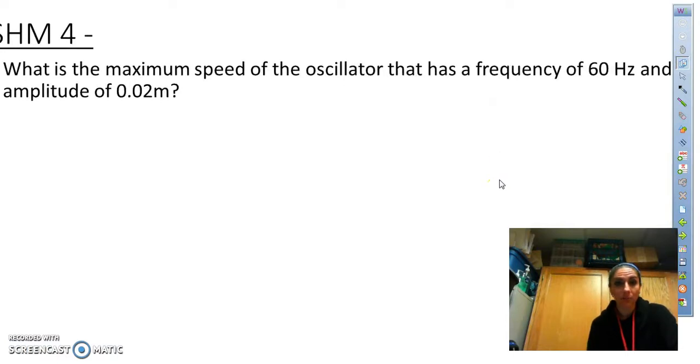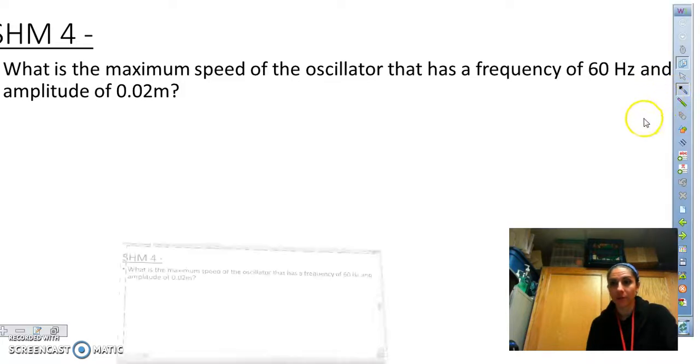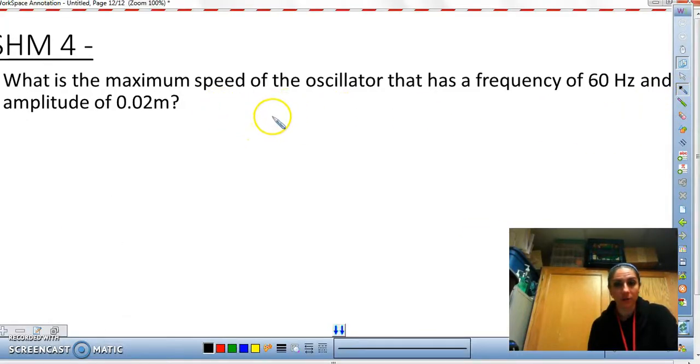So the question is, what is the maximum speed if we have this amplitude and that frequency? So for this problem, it's good for the AP students to know that you could actually calculate this using a different equation. So if we treat the motion of an object that's oscillating like a circle, we'll find that the amplitude is the radius and T is the period.